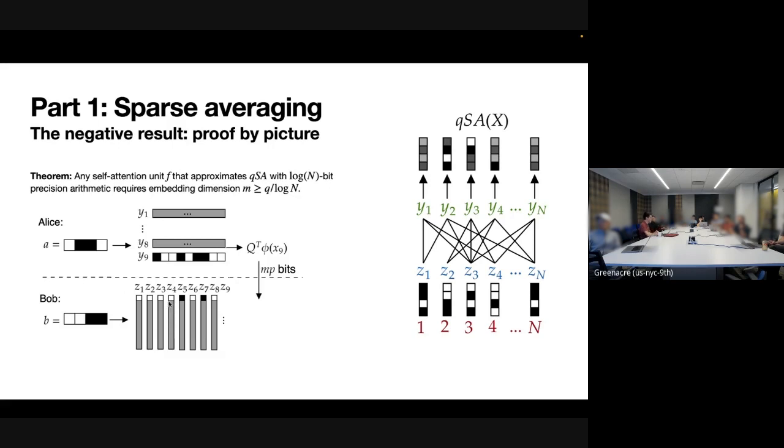So the only way this average is going to be anything other than 0 is if at least one of these things lines up. And the only way one of these things is going to line up is if the two corresponding sequence elements lined up in the first place. So if they can successfully compute this Q-sparse averaging problem, then they can perfectly solve their disjointness problem, and we derive the contradiction.